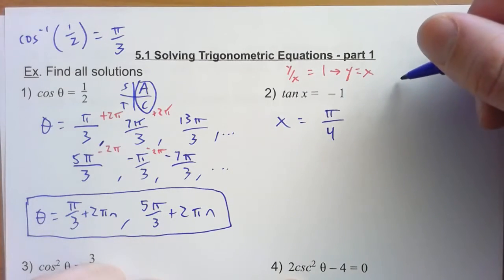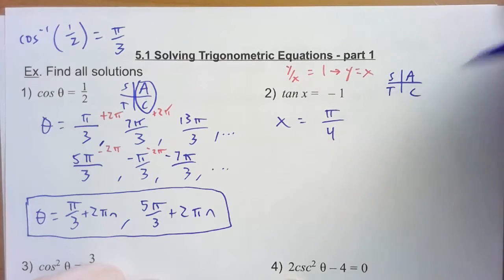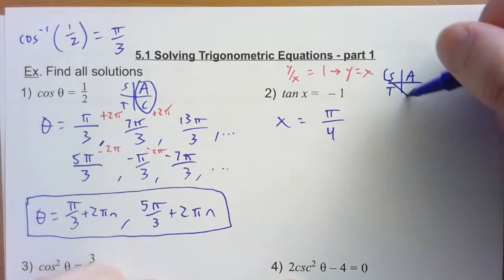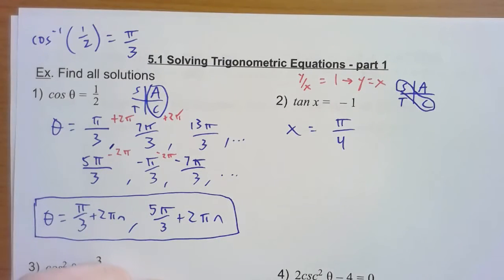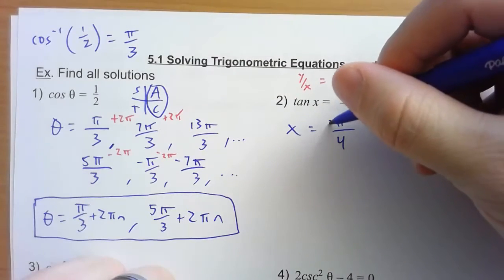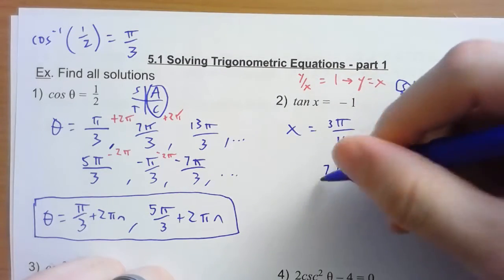And then let's think about ASTC. If we want tangent to be negative, that's either the second or the fourth quadrant. So again, if you need a minute, you can always pause the video and figure out what's an angle with pi over 4 reference angle in the second quadrant, and what's an angle where pi over 4 is the reference angle in the fourth quadrant. That's going to be 3 pi over 4, and it's going to be 7 pi over 4.